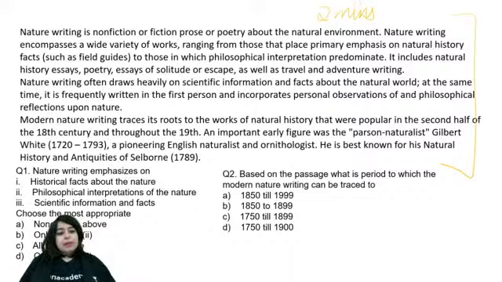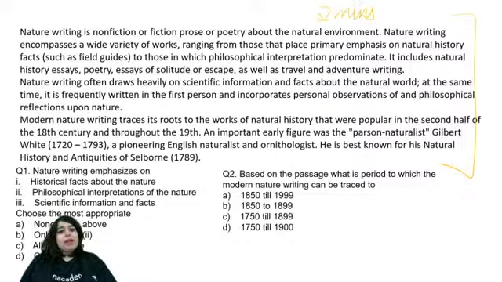All right, let's look at the questions here. The very first question here says nature writing emphasizes on what? So it talks about historical facts about the nature, philosophical interpretations of the nature, or scientific information and facts.